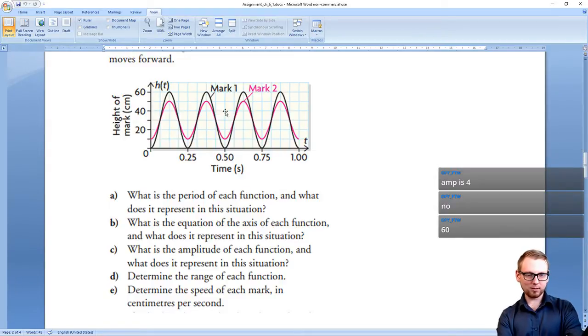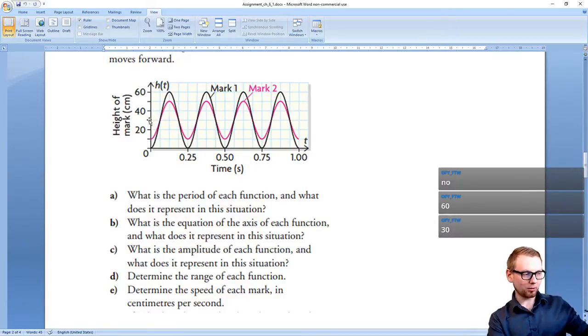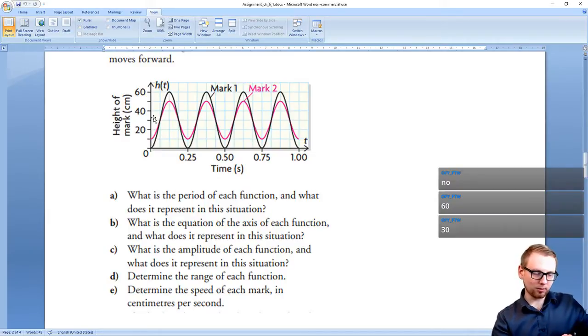So 60 is the total height. So what's the amplitude? Yeah. And for the black mark, it goes from 30 to 60, and it goes from 30 to 0. So up and down is 30 degrees. Or 30 centimeters for this question.